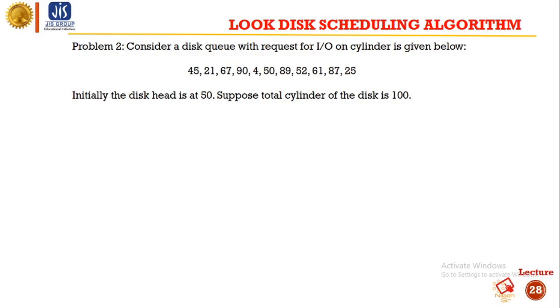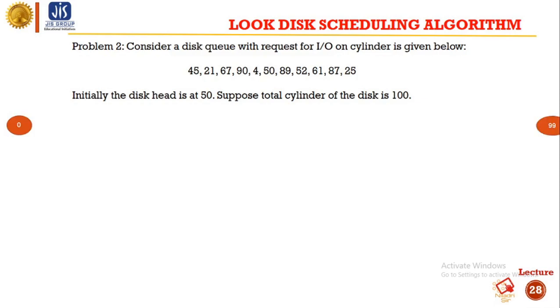Here the cylinders are 45, 21, 67, 94, 90, 89, 52, 61, 87 and 25, and initially the disk head is at 50. The total disk cylinders is 100, so if we start from 0, it will go up to 99.